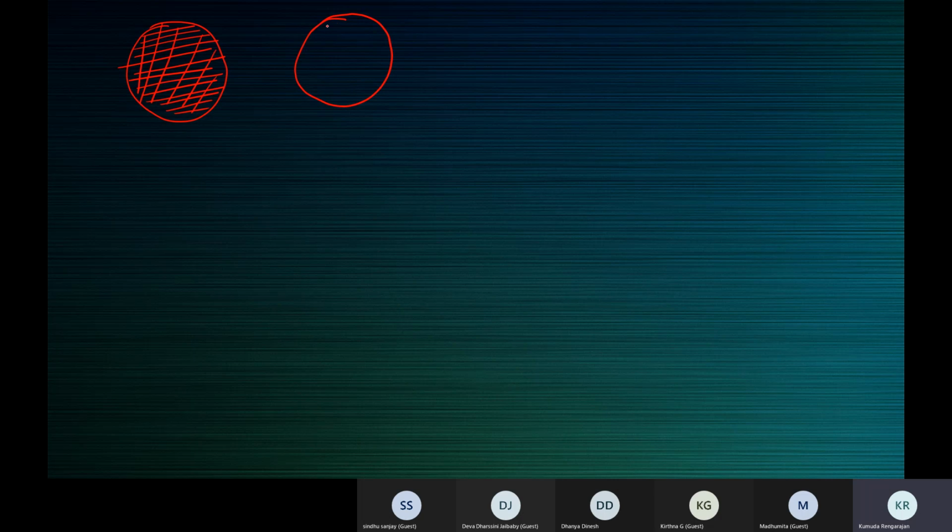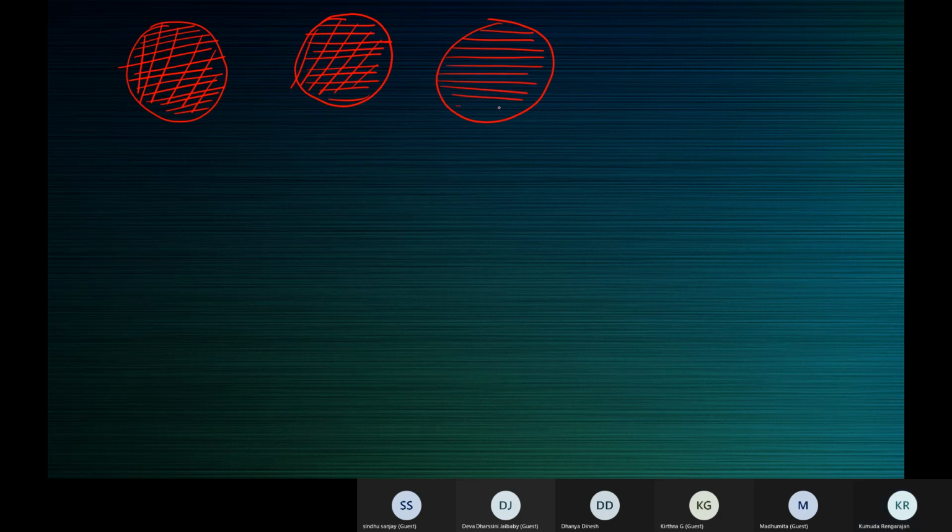The ring and all that inside the ring is called the circular region. And the area of the circular region is pi r square units. But we say area of circle. It's understood when we say area of circle, we are talking about the circular region.